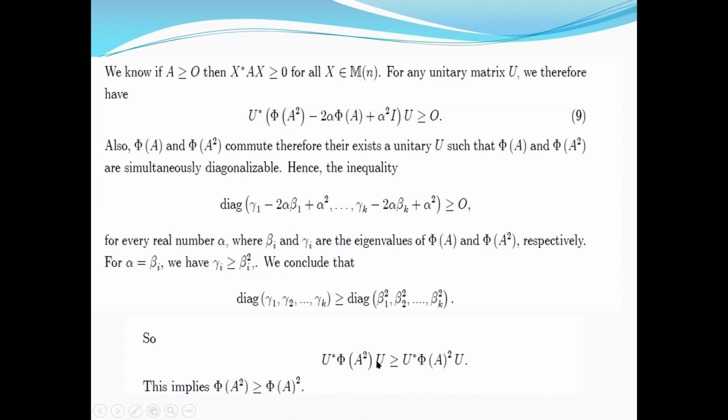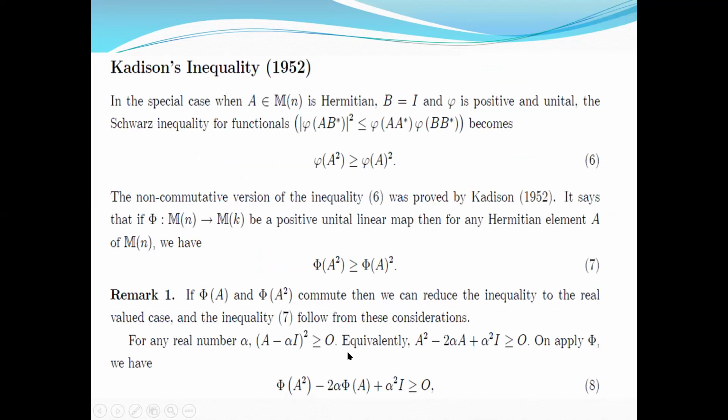This is U*phi(A^2)U, and this is U*(phi(A))^2U. So this implies phi(A^2) is greater than or equal to (phi(A))^2. So if here phi(A) and phi(A^2) commute, then again this is not a non-commutative version. Why? Because the proof follows in a similar way as it follows for numbers.